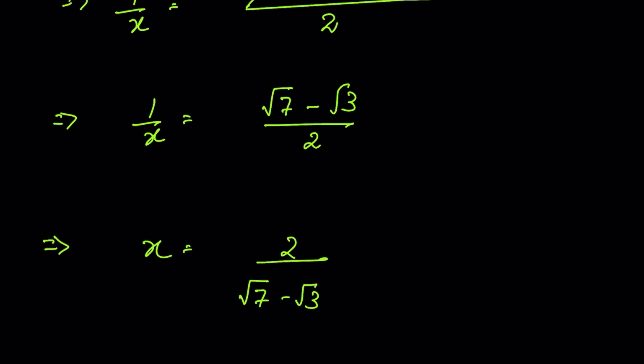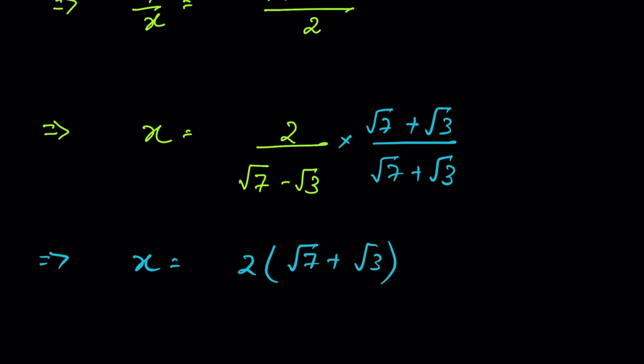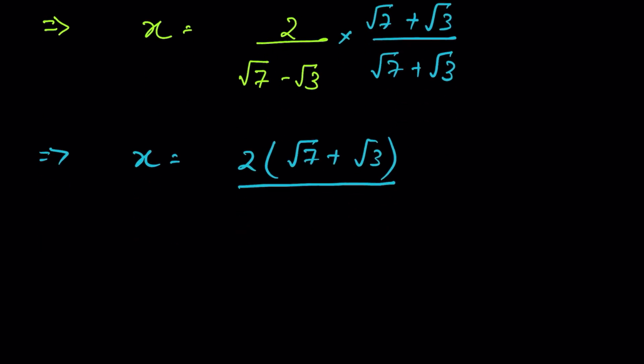Again, if we rationalize the denominator, multiply and divide by square root of 7 plus square root of 3. Therefore, x equals 2 times square root of 7 plus square root of 3 upon square root of 7 square minus square root of 3 square.